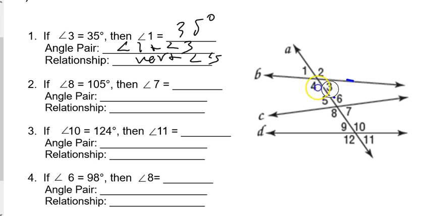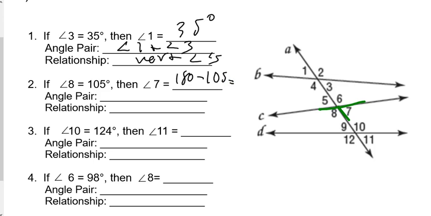Okay, clean this up. Angle 8, where's angle 8? Angle 8 is right here. And we know it's 105. Then what's angle 7? Well, angle 7 is right here. It forms a straight line. So then angle 7 is 180 minus 105. Okay?